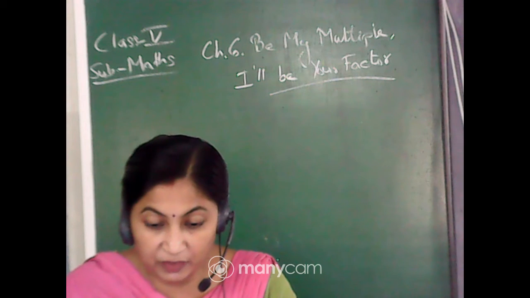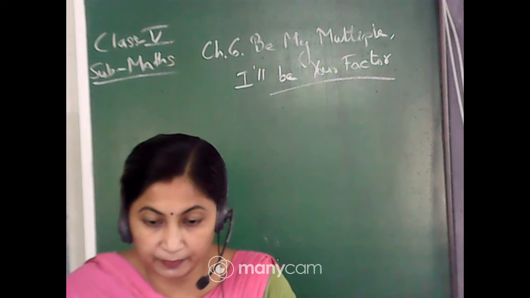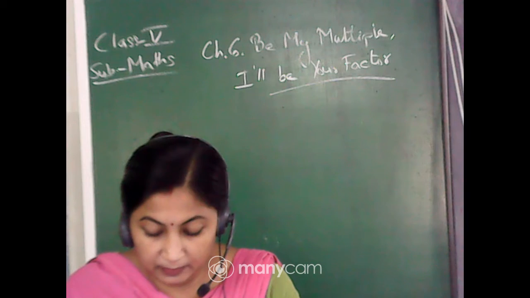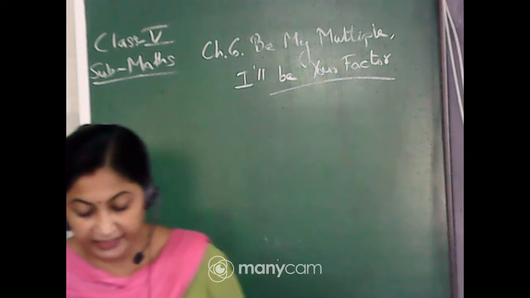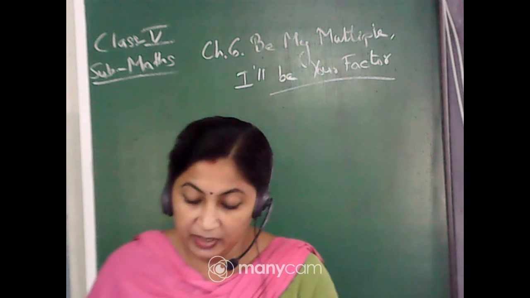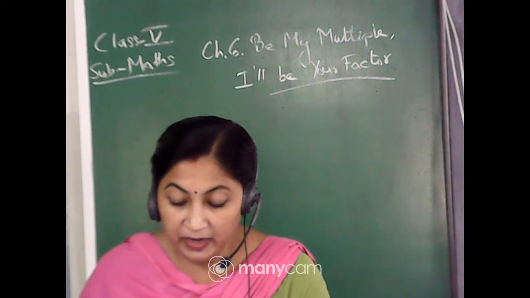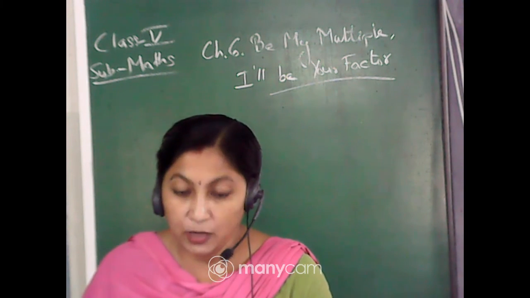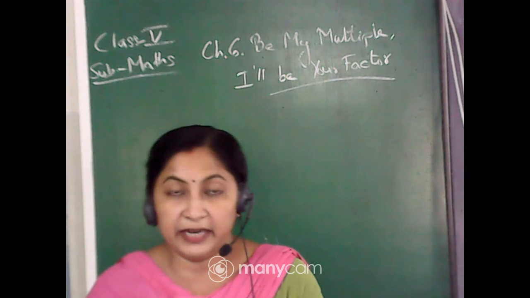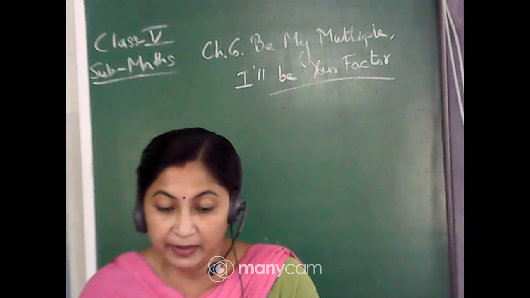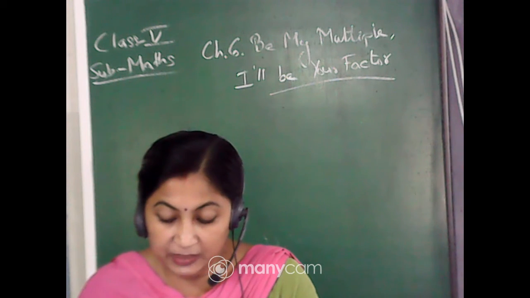Oh, 93 also we have completed. Let us just revise this one, page 93, then we will go to 94. In this page 93, the first question was how many different rectangles can you make from those 12 tamarind seeds? How many rectangles have you written?